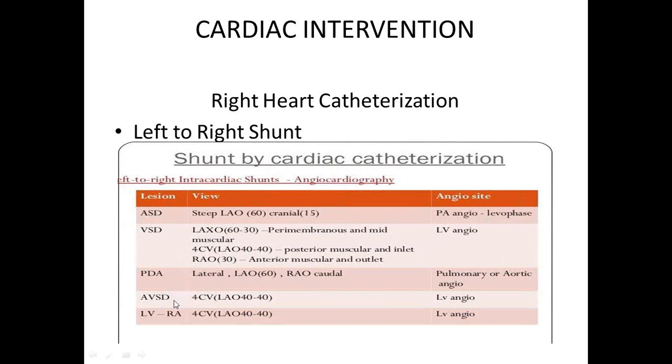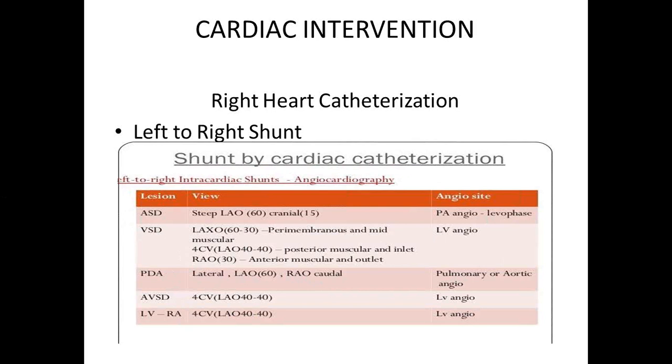For your atrioventricular septal defects, your catheter is in the left ventricle, and you're going to inject dye, okay? LAO view. So you can do an angiogram.